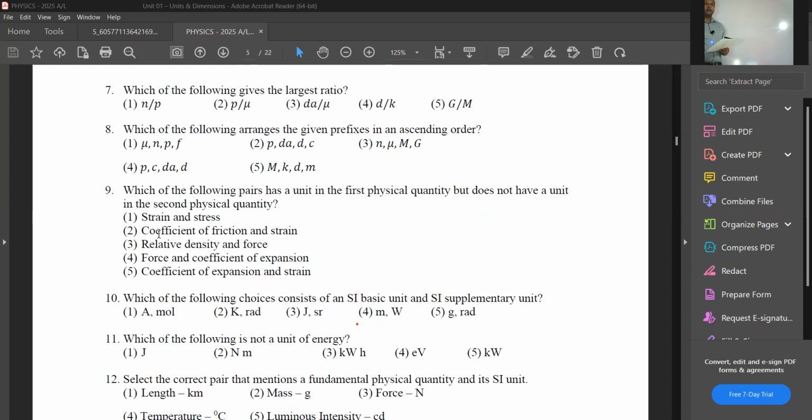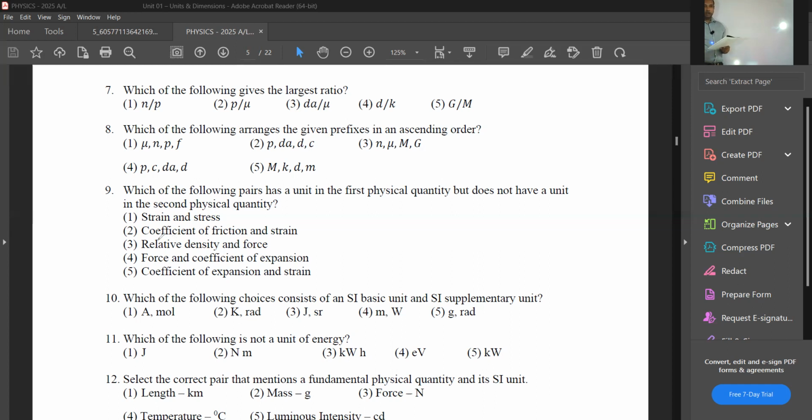But my question is, the first physical quantity should have a unit, but the second physical quantity should not have a unit. If these two physical quantities are interchanged, then the answer will be right. But in this case, strain does not have a unit, but stress has a unit.